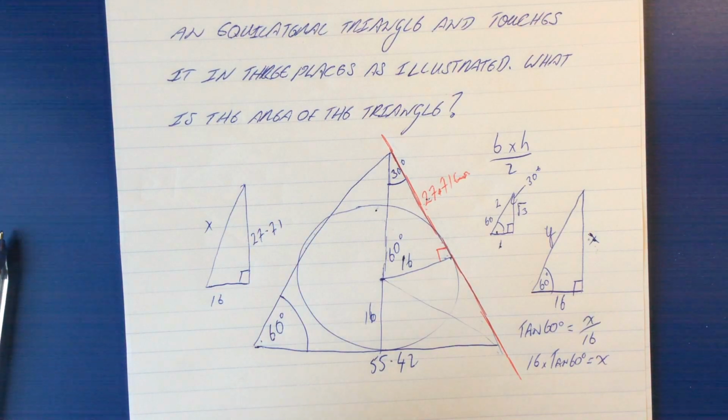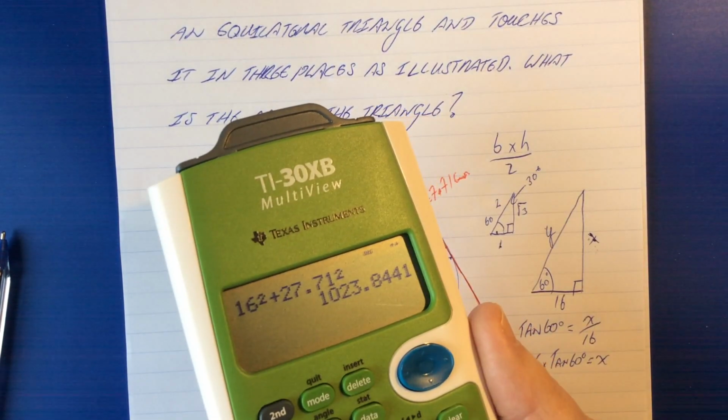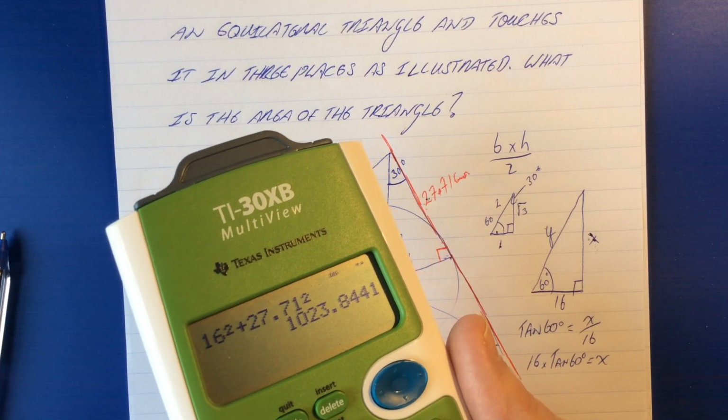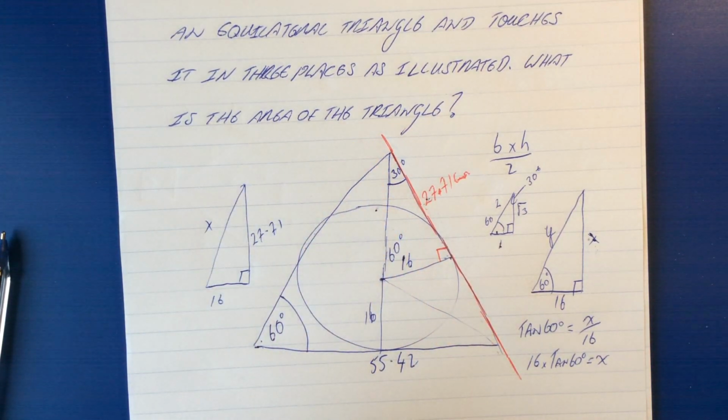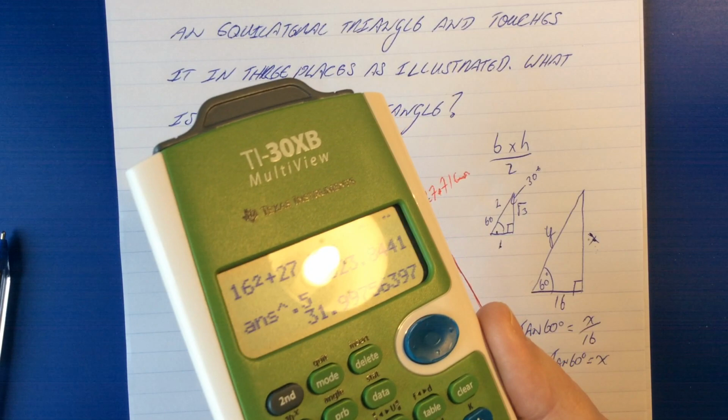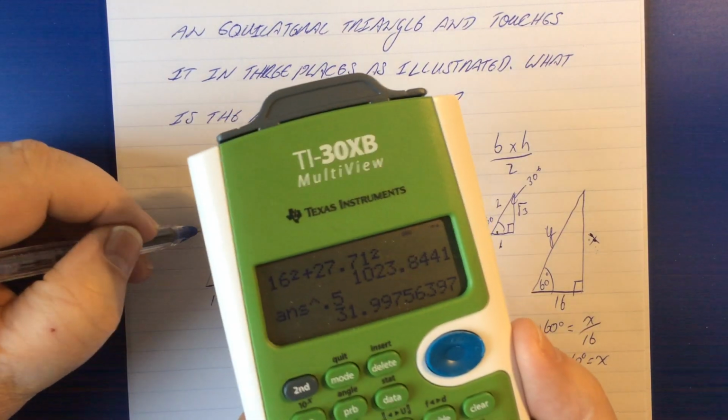So 16 squared plus 27.71 squared equals 1023 and some change. We will find the square root of that, and the answer is 31.99, which I'm going to call 32.